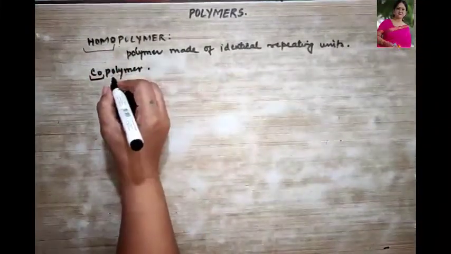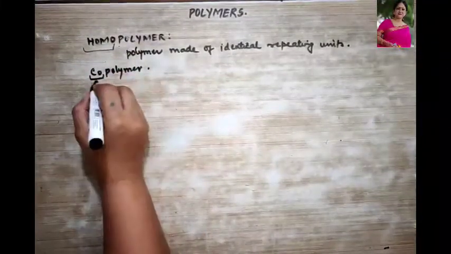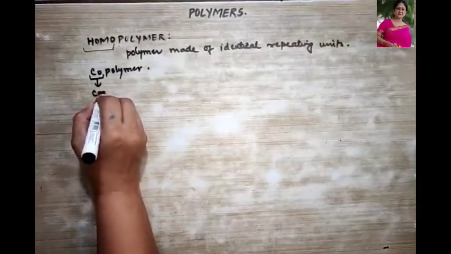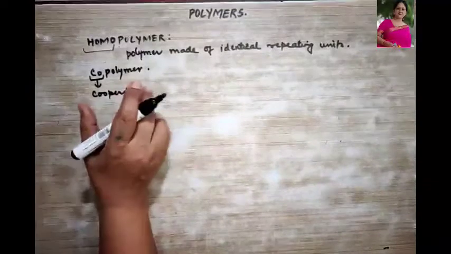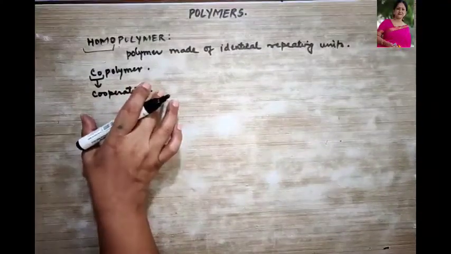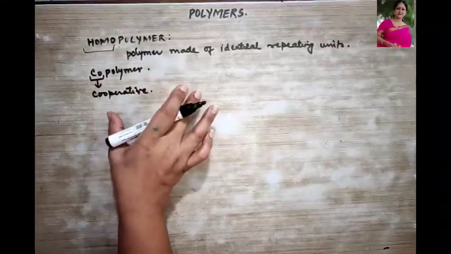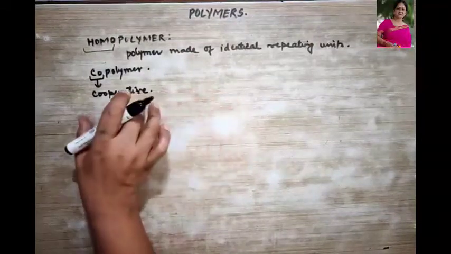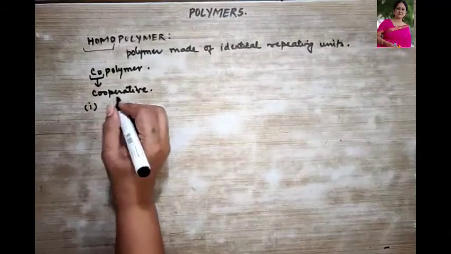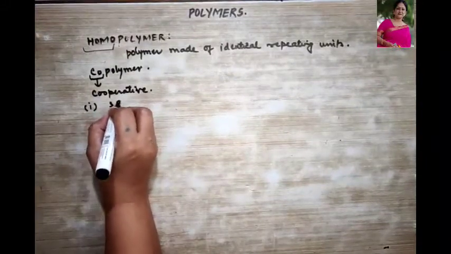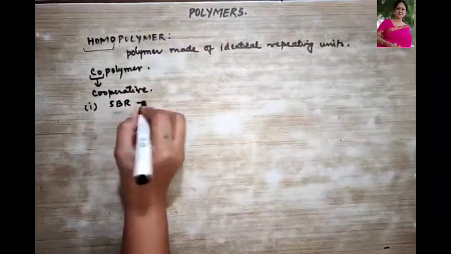So let me explain it to you over here. Co, as I said, means cooperative. So when two or more monomers are cooperative and combine to form a polymer, they are called copolymers. The first example that I gave you was that of SBR. What is SBR?